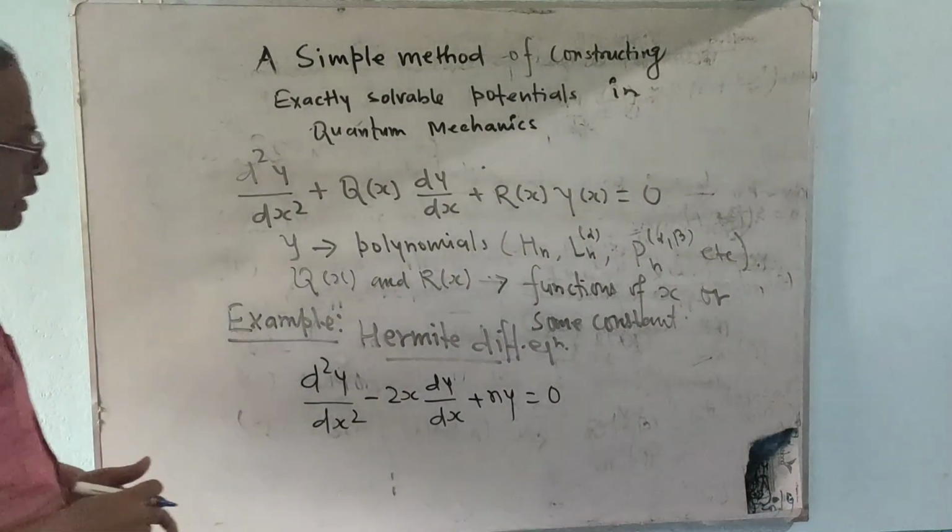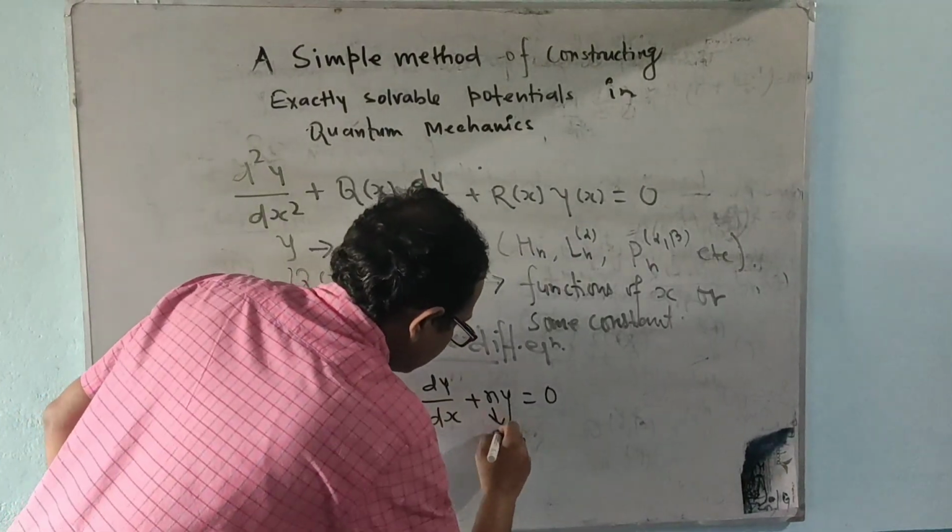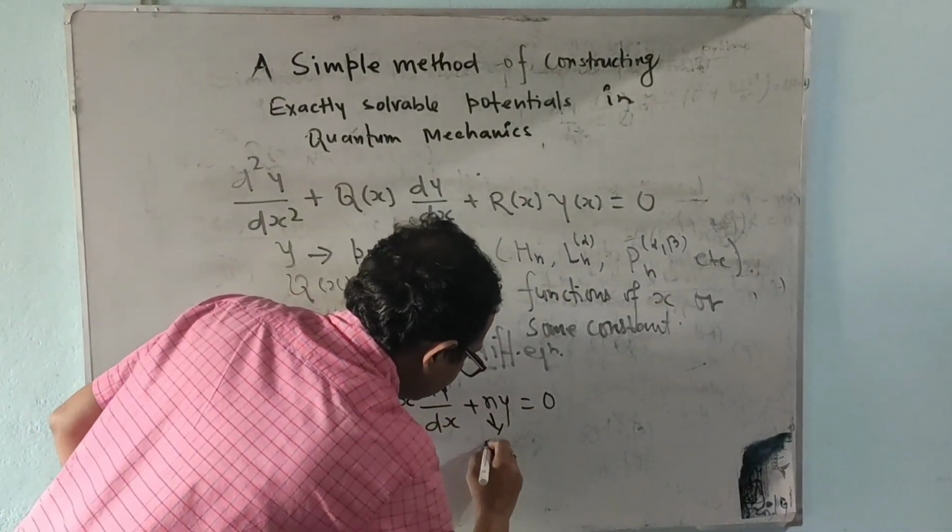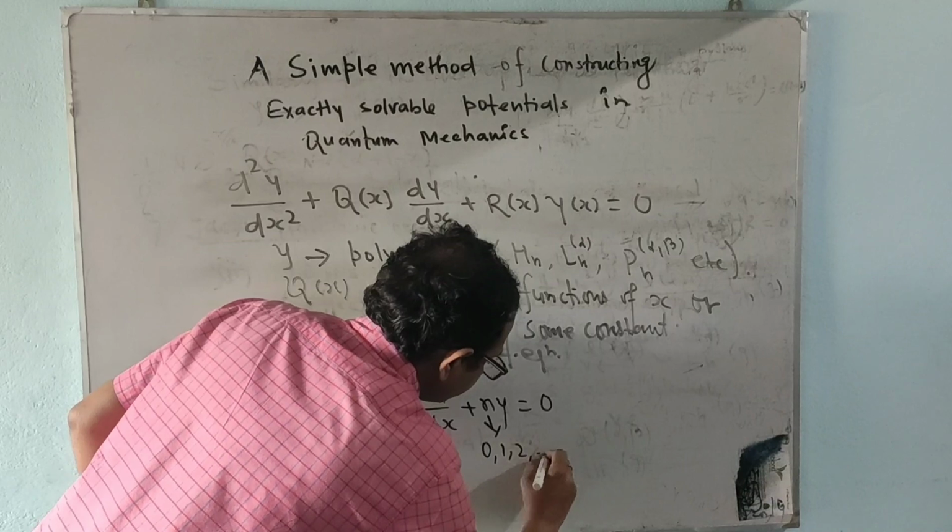In this case, this n is a constant parameter. This may be 0, 1, 2 and so on.